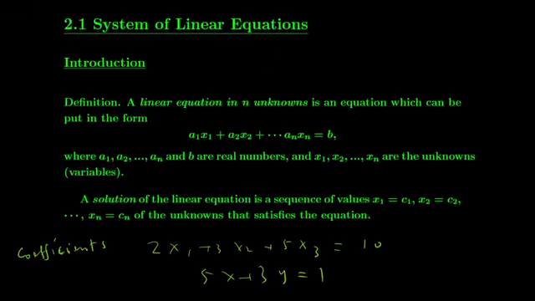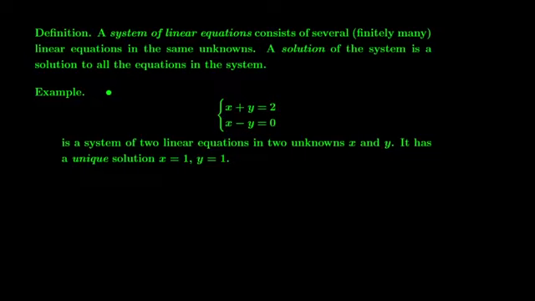I haven't given you the definition of what we mean by a system of linear equations. A system consists of many equations. So now let's say in this case we have a system. Now remember how we call it. In this case we have a system of two linear equations. So there are two equations, right, in two unknowns.